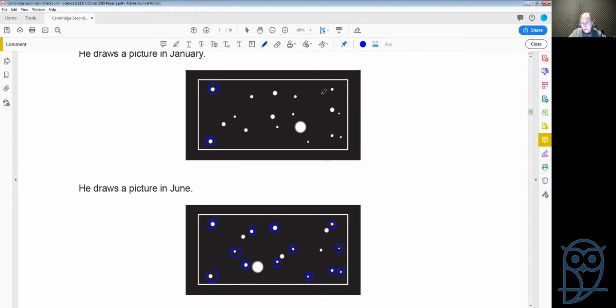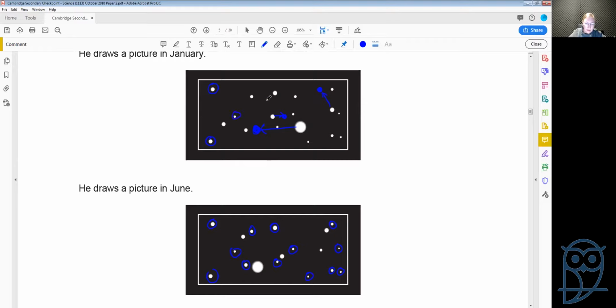So this one moved upwards to over there, from January to June. So in June, it's over there. Actually slightly lower, but that's okay. This one, from there, it moved to over here. This one from here, it moved to over there. And what else do we have that's different?